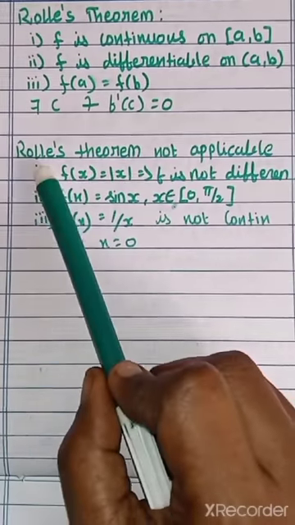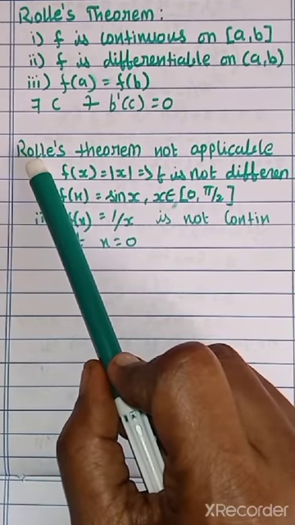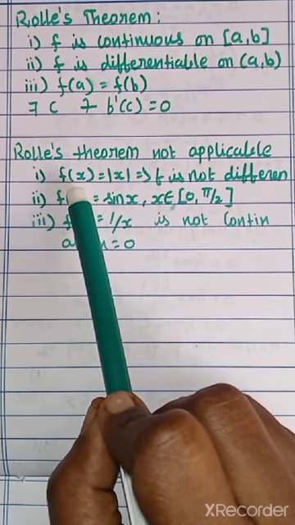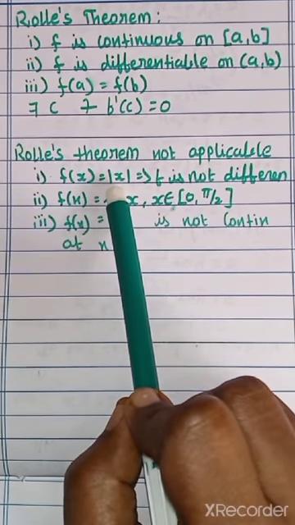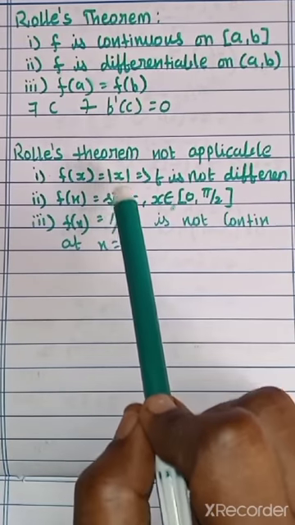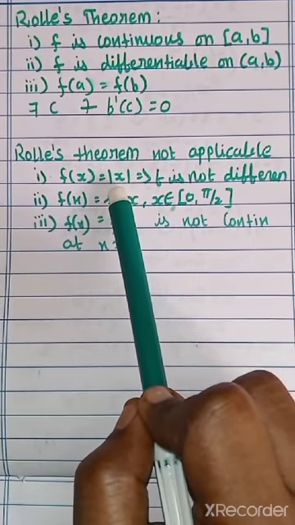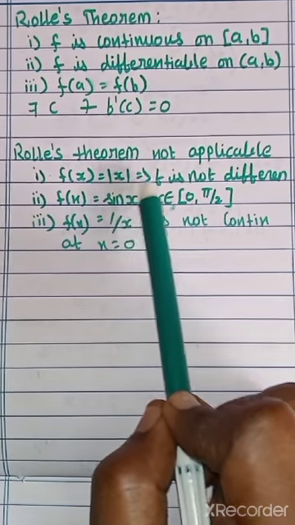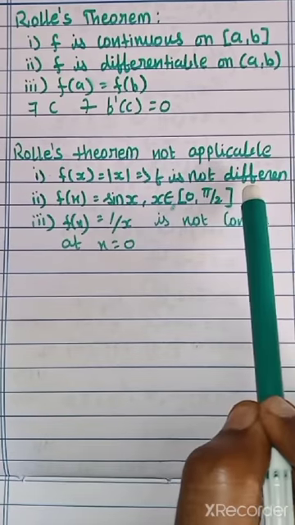Now, these are the points when Rolle's theorem is not applicable. If you take the function f of x equal to mod x, this mod is not differentiable at x equal to 0. So when mod is given, you can directly give the answer that f is not differentiable.